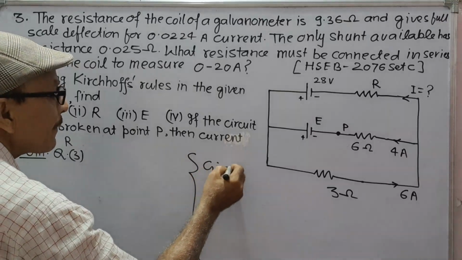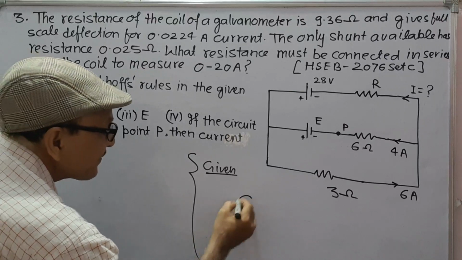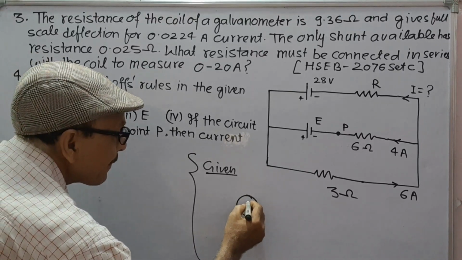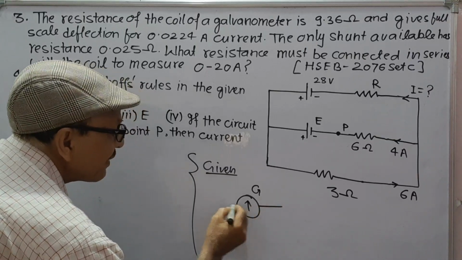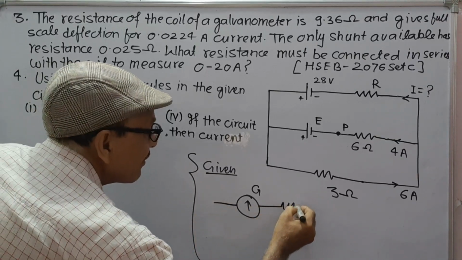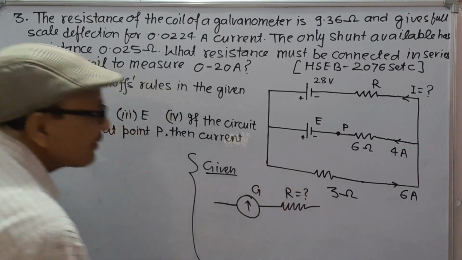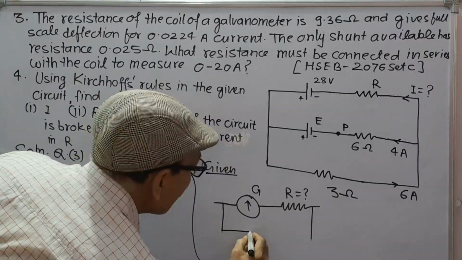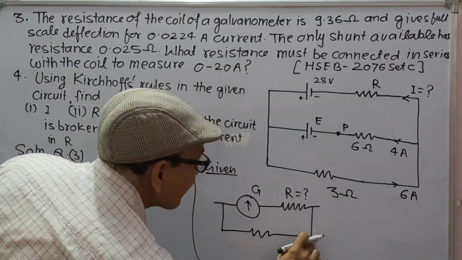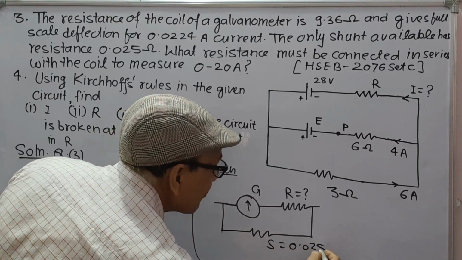Given: suppose this is the galvanometer with resistance G, we have to connect resistance R. The shunt resistance has value 0.025 ohms.